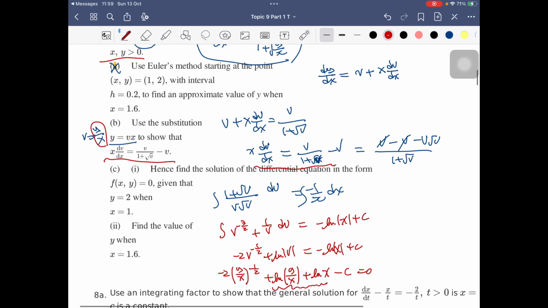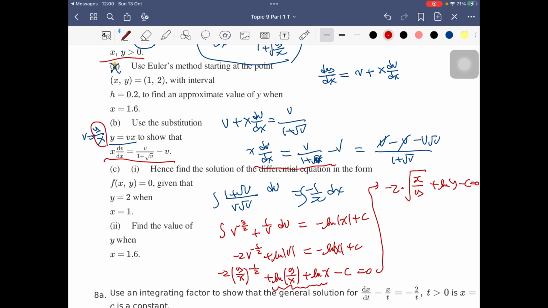When they meet together like here, because this is a logarithm, we can apply the logarithm law, so this is ln y. So let's make it a little bit simpler. Negative 2 square root of x over y, because this is a negative exponent, so I'll make it reciprocal, plus ln y minus c equals 0.